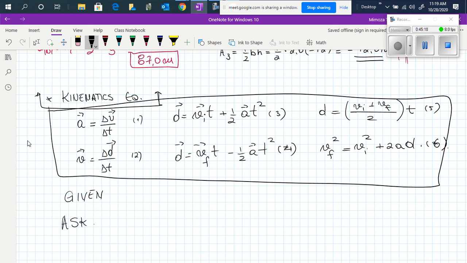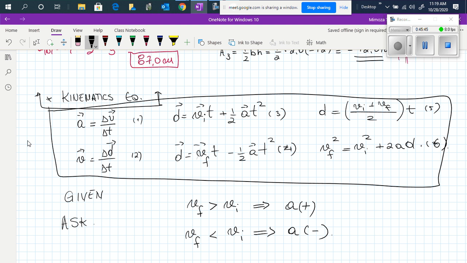If the final velocity is greater than initial velocity, then acceleration is positive. And if the final velocity is less than initial velocity, then acceleration is negative. Then plug in the values that you have and solve.